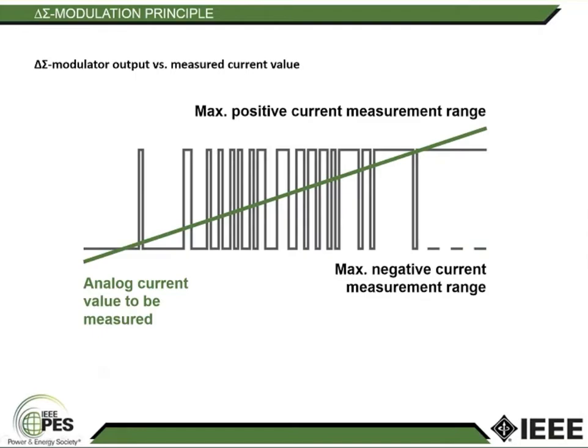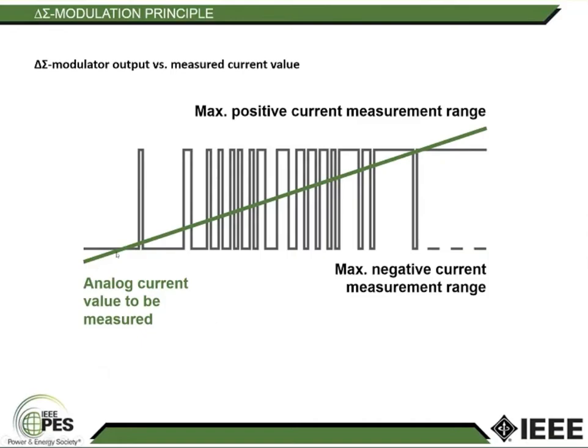So this picture right here tries to illustrate that a little bit. You can see the 1-bit data stream right here, which indicates a low bit down here and a high bit up here, and you see you get like the sequence of lows and highs, and if you overlay that with the analog current value to be measured, the green line right here, you would see the following.